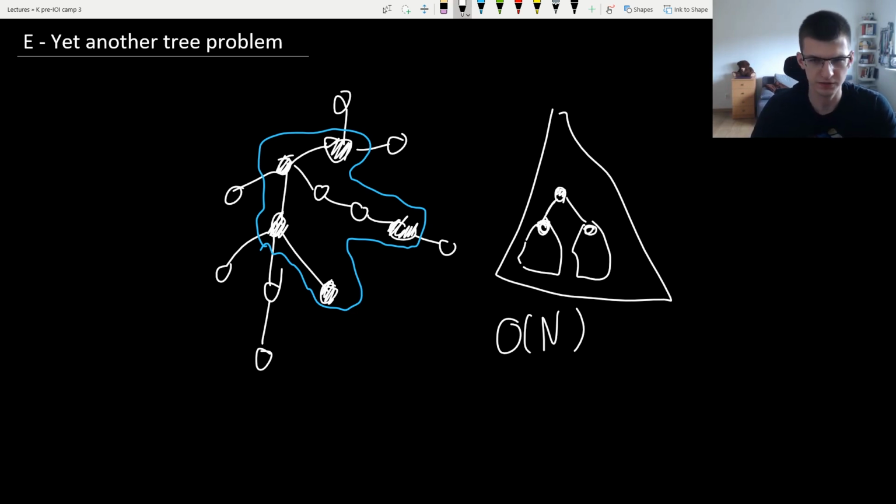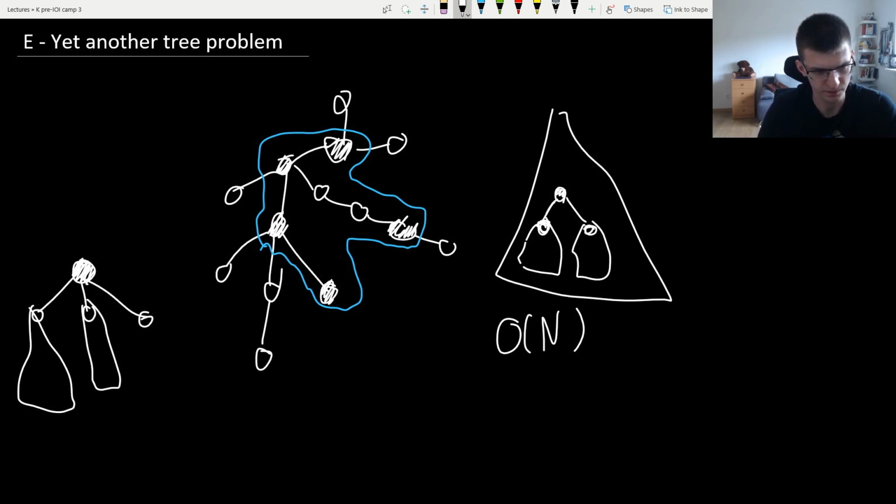So after you find centroid decomposition, you can remember that and make some updates. So let's say there is some first centroid, the center of the tree. It has some children, each one with a subtree.